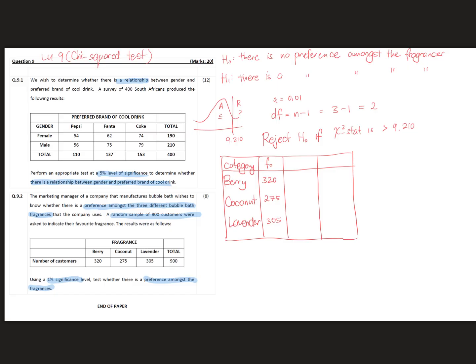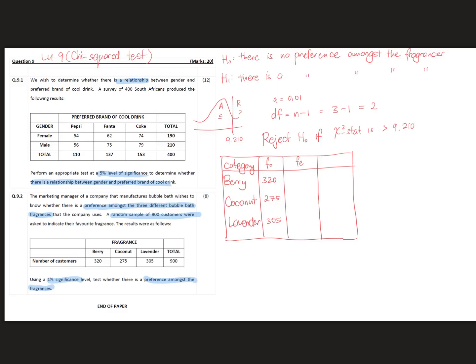Then they said to you, and this is now for your FE, they said that they had sampled or asked 900 customers what their preferences were. Now here, all you're going to do is for the FE value, split the 900 equally amongst the 3 options of the fragrances.